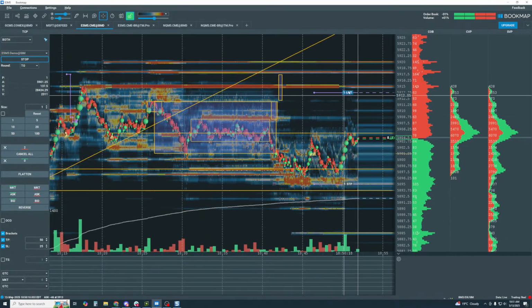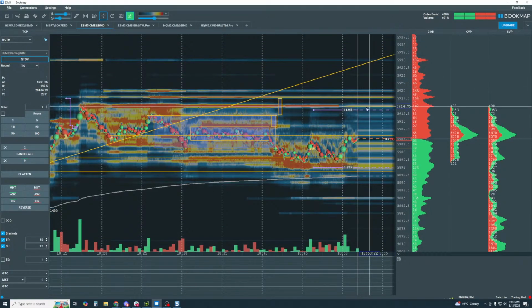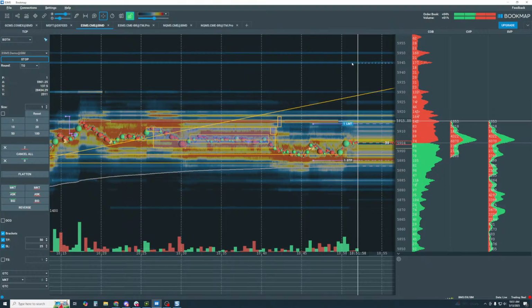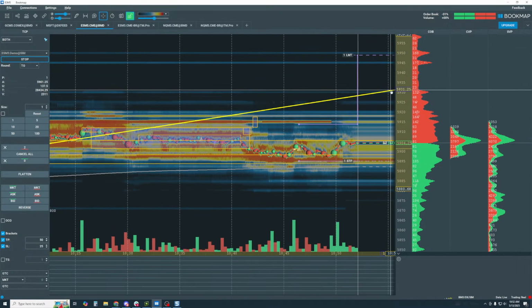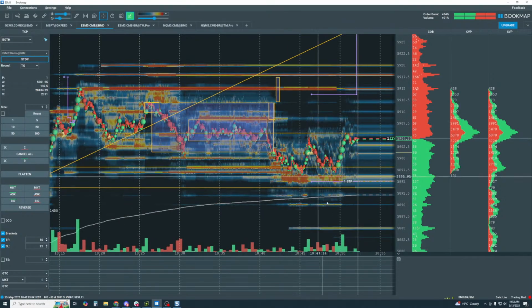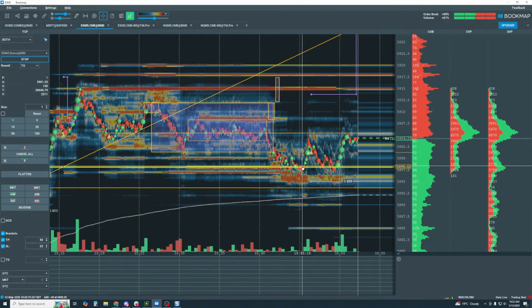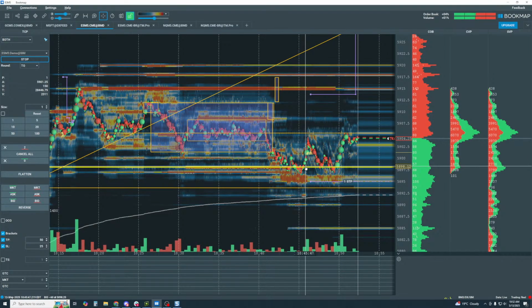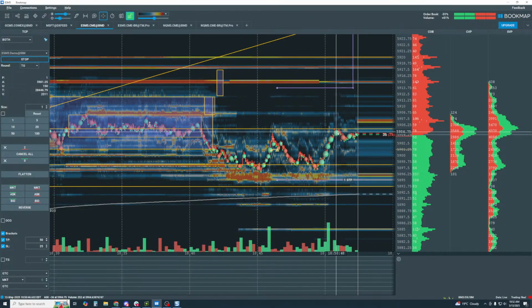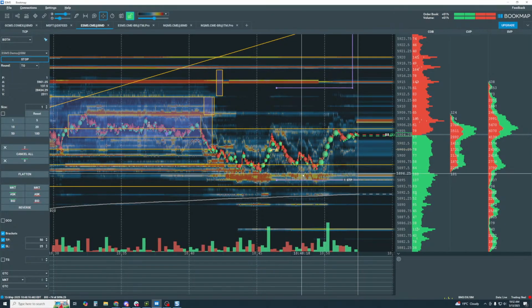Other than that, I think what we can do now is trail or move our take profit up at this point. Put it in front of the figure up here at 59.50. Okay, possible continuation pattern after the double bottom.